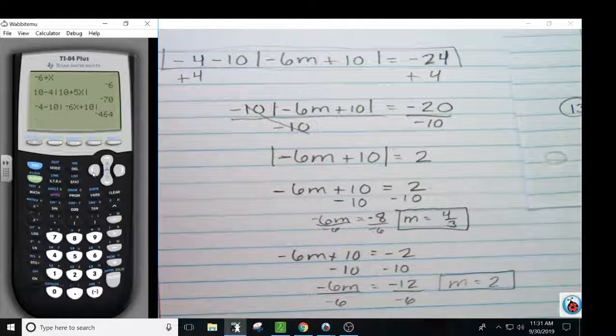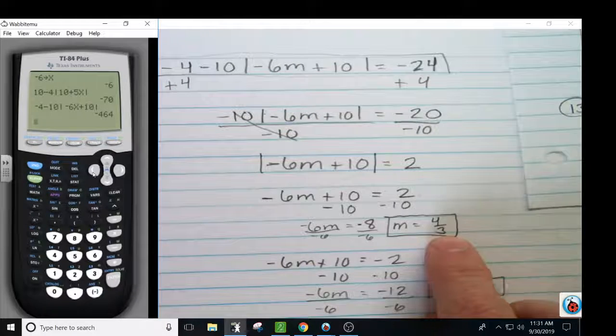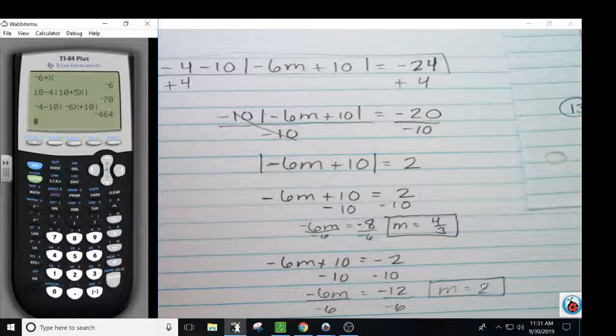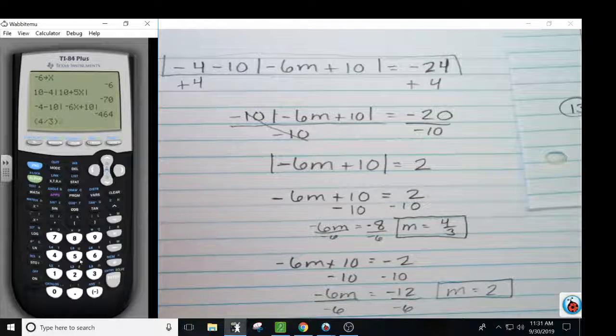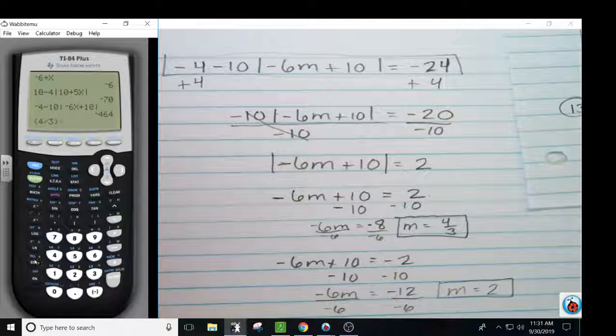Now, guys, if you're following along, everybody's got a different number on the screen because you got a different X value. Dylan, bring me that phone up here. So 4/3, 4 divided by 3. Now, how to store it? There's a button right here that says STO with the arrow key. It's right above the on key. Hit that.